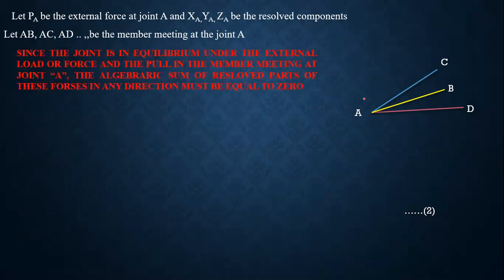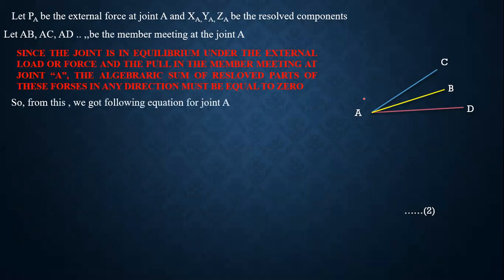So since the joint is in equilibrium under the external load or force and the pull in the members meeting at joint A, the algebraic sum of resolved parts of these forces in any direction must be equal to zero.